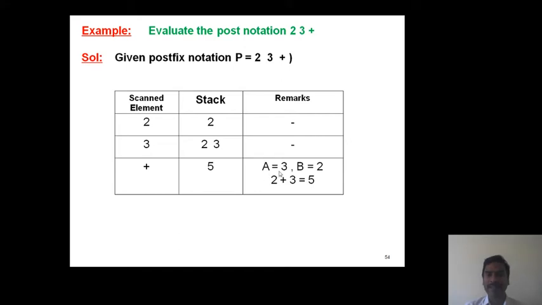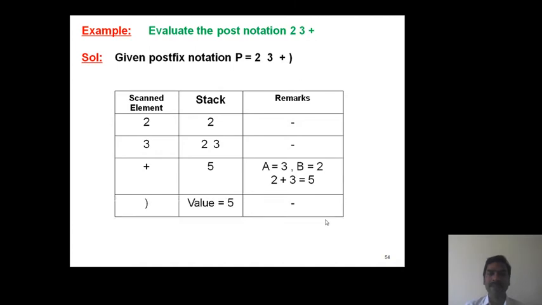It is treated as A. Next top element 2 is treated as B. Now apply the operation as B operator A. So 2 plus 3 produces the result value 5. Now the result is placed back into the stack. Now 5 is inserted into the stack.